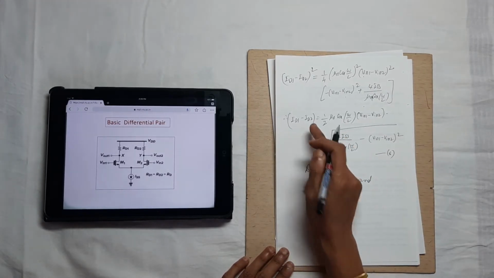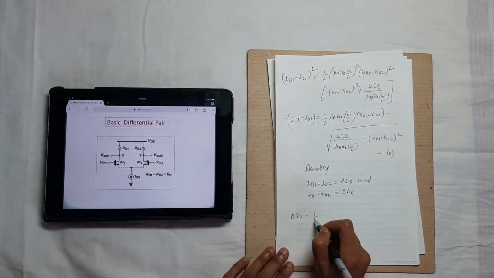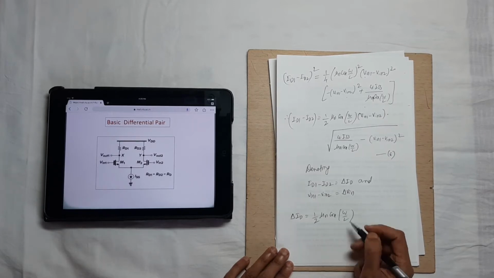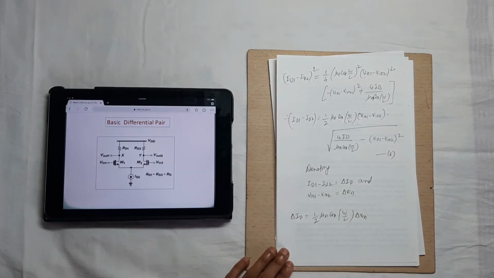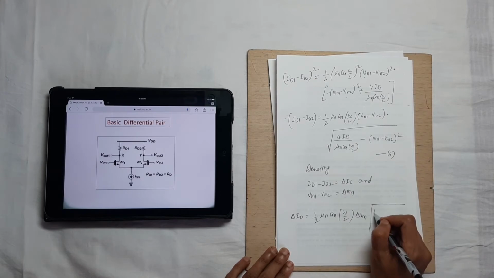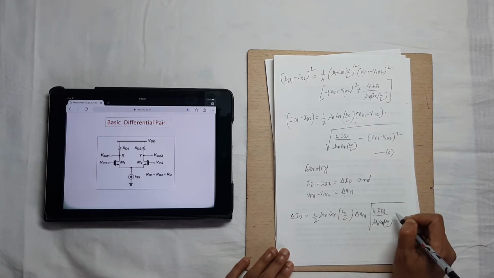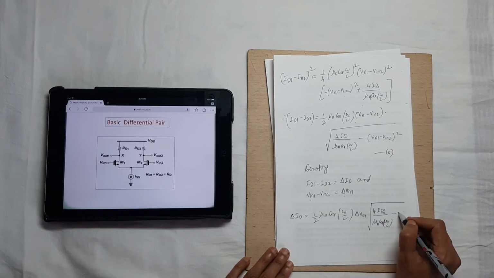We get ID1 minus ID2, delta ID, is equal to half mu n Cox W by L. And what about Vin1 minus Vin2? It is delta Vin into bracket this entire expression, 4 ISS divided by mu n Cox W by L minus delta Vin square.